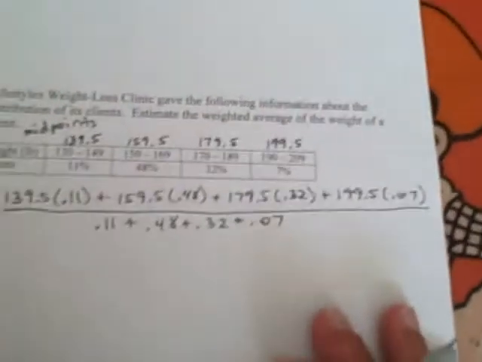And again, we have to divide this by the weights or the percents. So you have to think about it as the percents in this case. 0.11 plus 0.48 plus 0.32 plus 0.07.